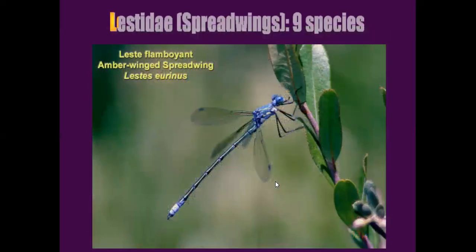Another group of damselflies are the spread wings. And as I mentioned earlier, they're different than most other damselflies in that at rest, they have their wings spread out, sort of at a 45-degree angle. And we have 9 different species of spread wing damselflies.